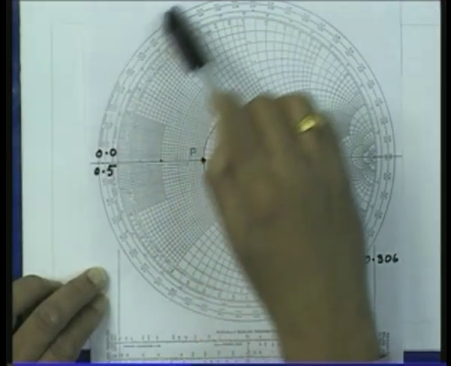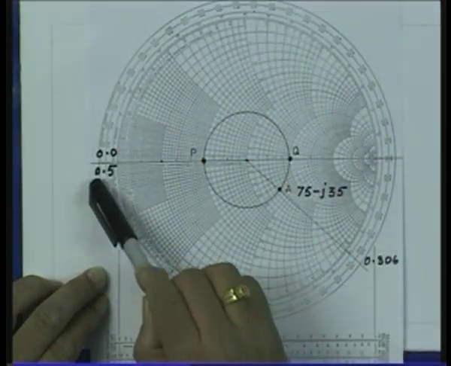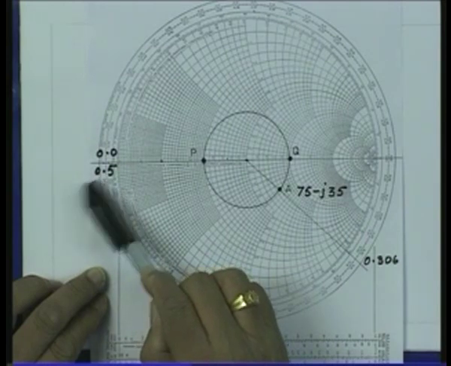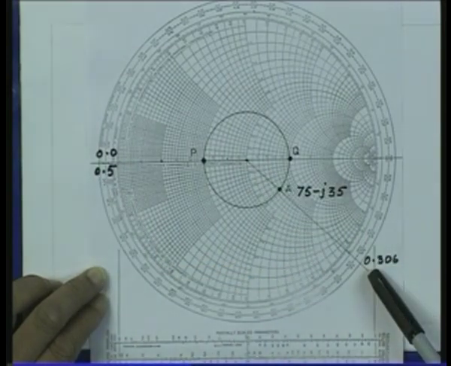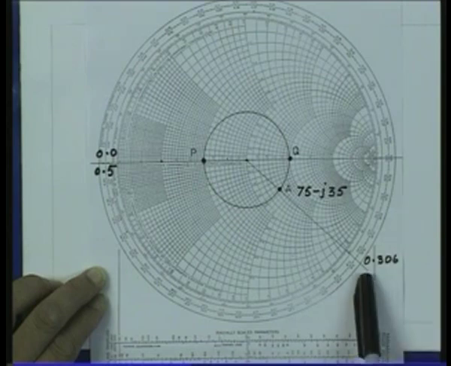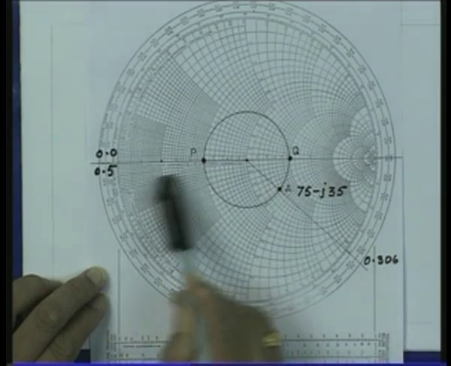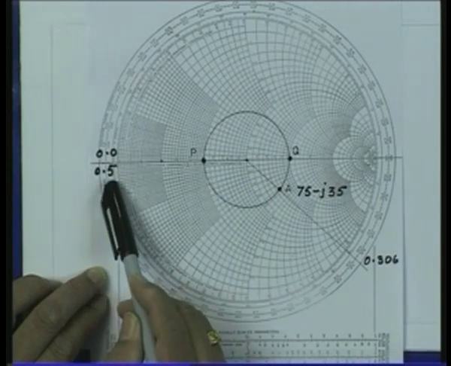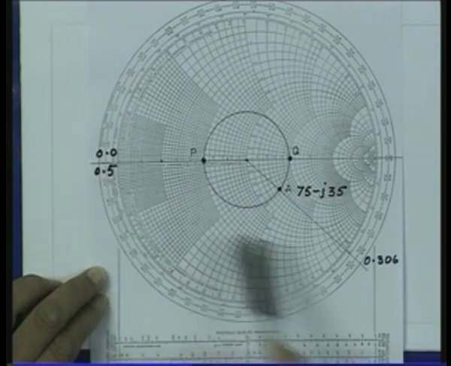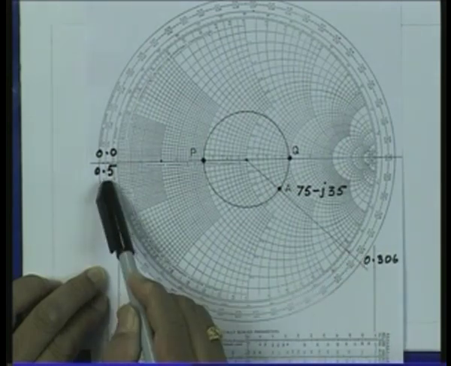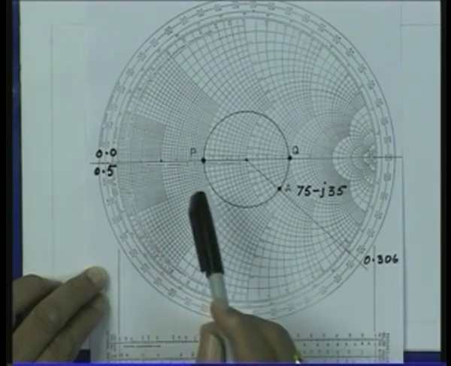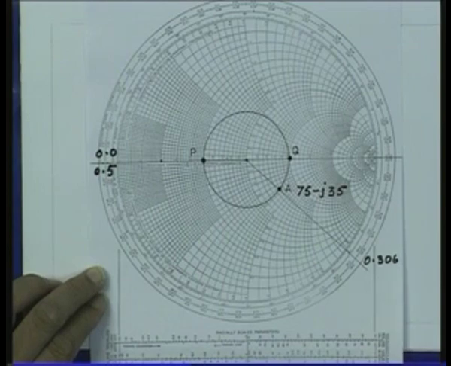So, here the circumference is calibrated in terms of lambda. So, I can take a radius vector, read off this value, this is 0.306. If I move up to a point P which corresponds to 0.5 lambda, difference of these two will tell me the length of the line which is to be introduced between the load and the quarter wave transformer.